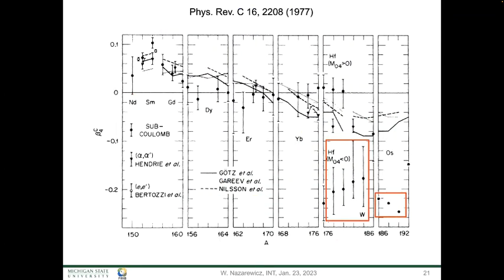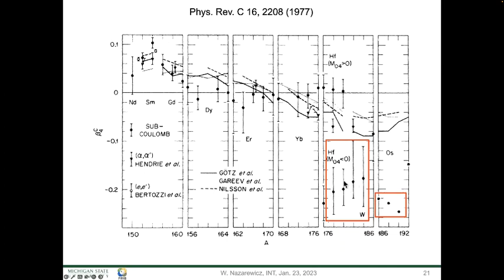And here you have examples of hexadecapole deformations as extracted from alpha-alpha prime and electron scattering reactions for various rare earth nuclei, from neodymium up to osmium, okay? So in well-deformed nuclei, you have to do coupled channel analysis, and sometimes experimentally you may have two different solutions.